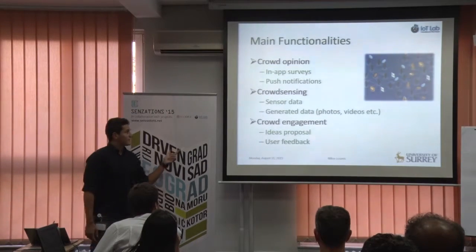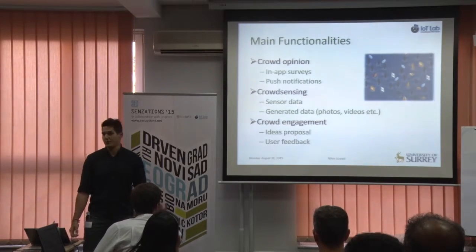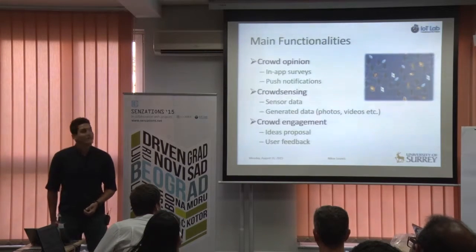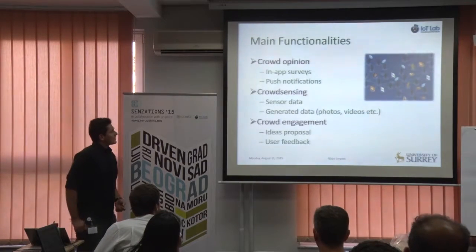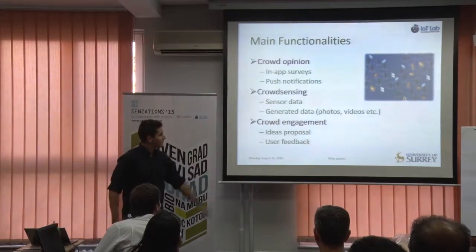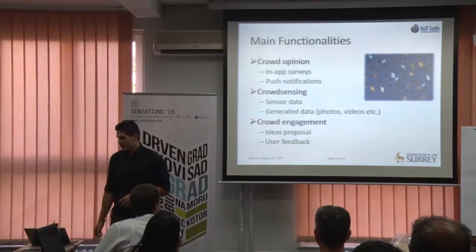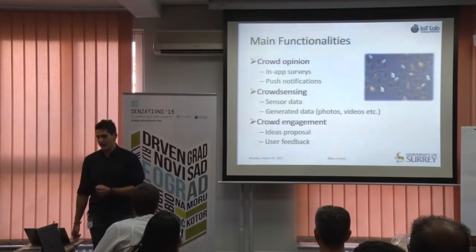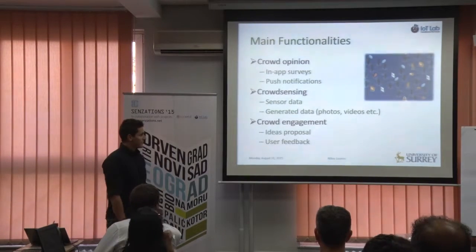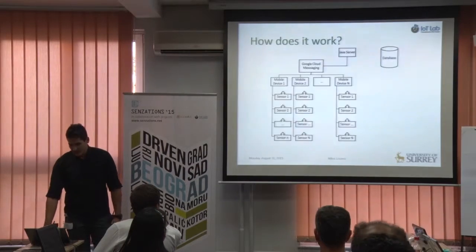We can get sensor data from the embedded sensors of everyone's mobile phone, and this is always after their allowance of doing this. And also we can get generated data such as photos, videos. And finally, we're trying to engage all the people by getting their ideas and by actually trying to get their feedback to become better and to rank the ideas that are already proposed by other people.